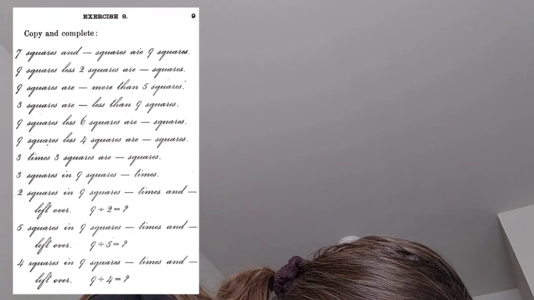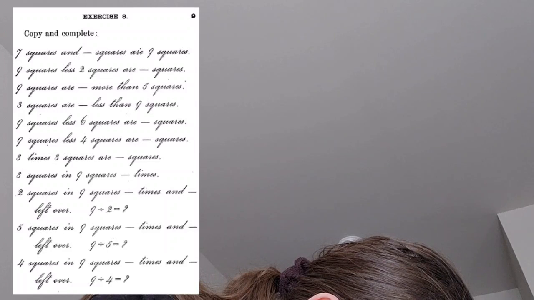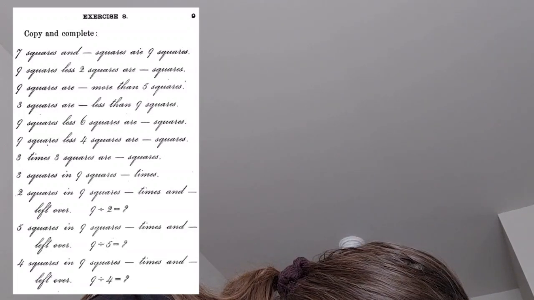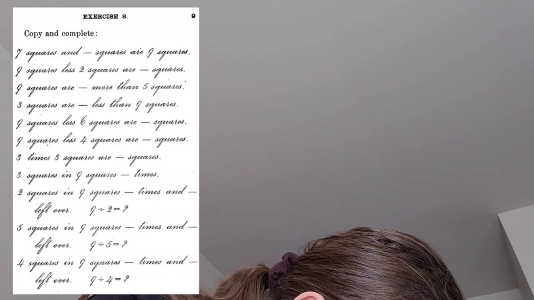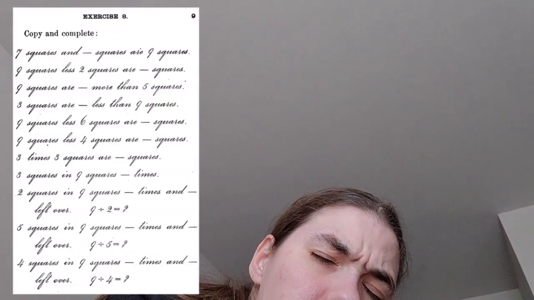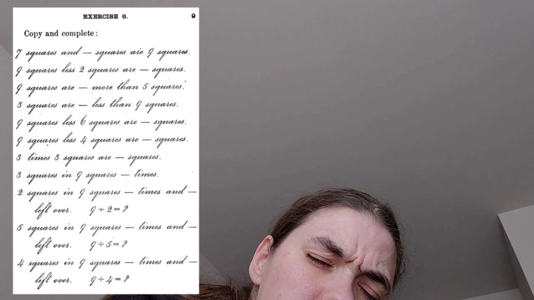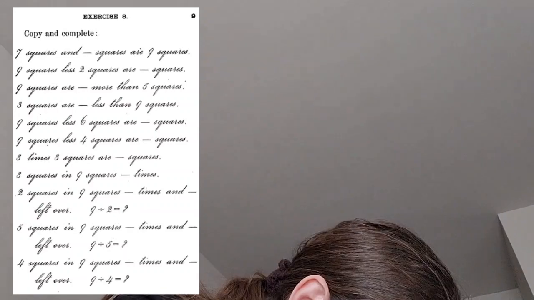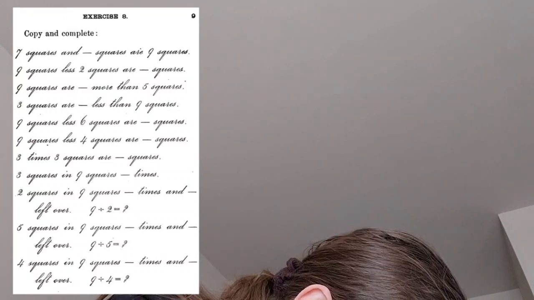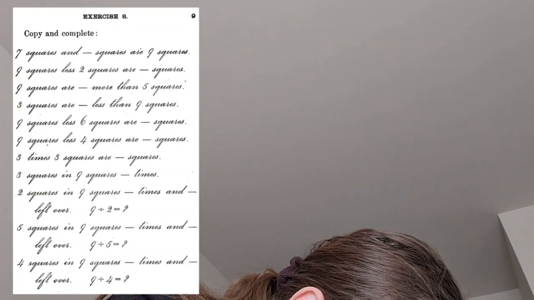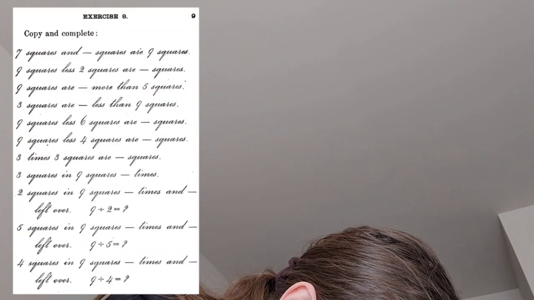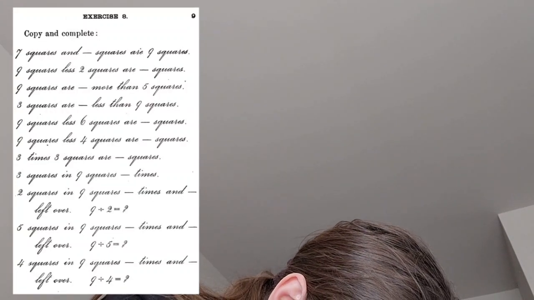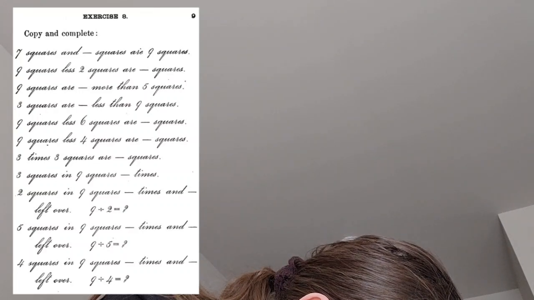The last couple on this page. 4 squares in 9 squares, blank times, and blank left over. 4 squares into 9 squares are 1 time. I'm getting my words mixed up. 4 squares into 9 squares are 2.